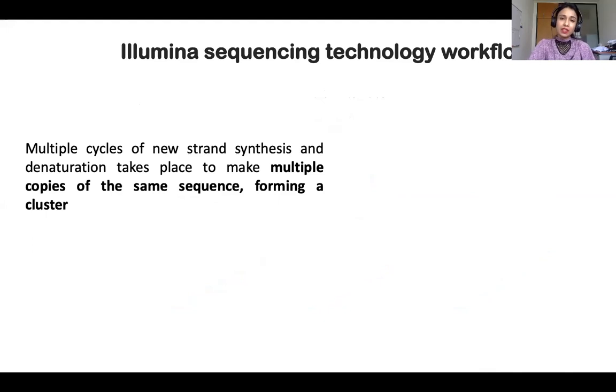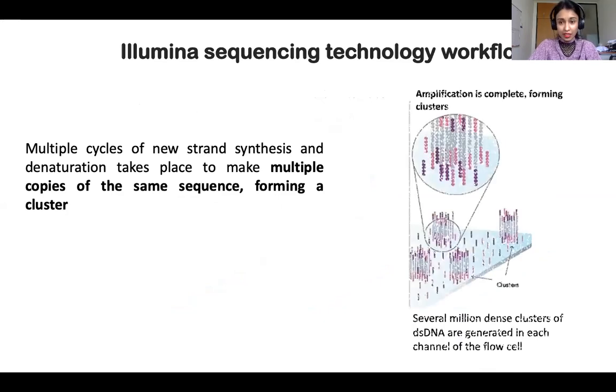So multiple cycles of new strand synthesis and denaturation then take place to make multiple copies of the same sequence, forming a cluster. So you have millions of dense clusters of the same sequence being formed in order to eventually, when you sequence, have sufficient data to make sense. So this is what happens.